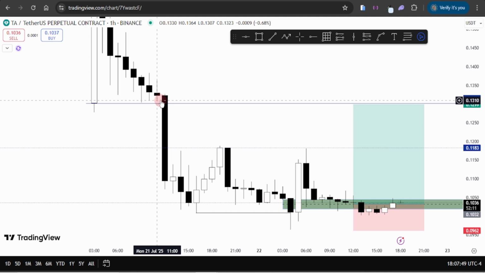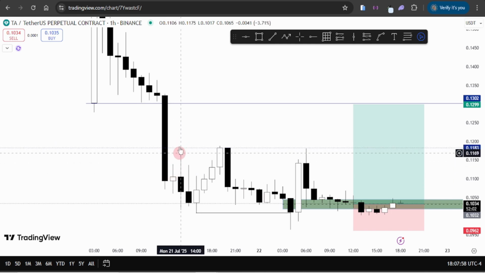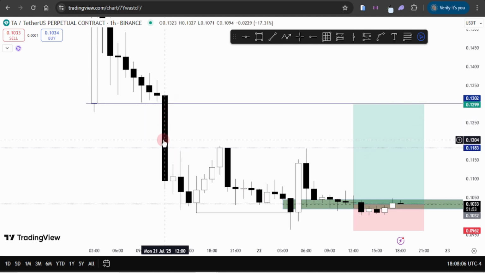I mean, there is a sell side imbalance and buy side inefficiency, because the price delivery to the buy side is actually inefficient. As you can see, there was no delivery of a wick to balance this sell side.